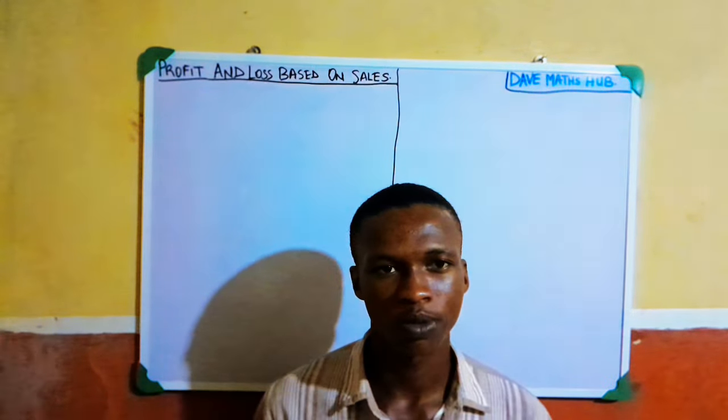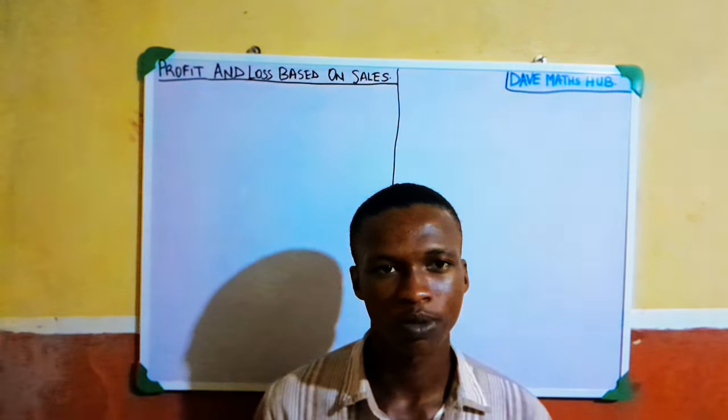The reason we are looking for percentage loss, as I've earlier explained, is because of the selling price and the cost price, which is higher. The cost price was 1,200, the selling price is 1,100, telling us that the cost price is higher than the selling price, bringing about a loss.